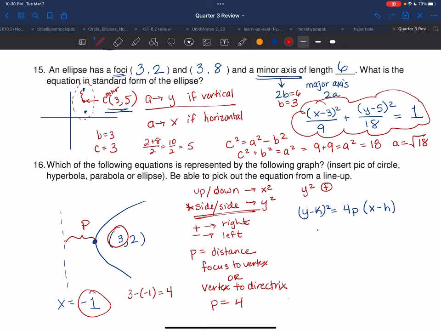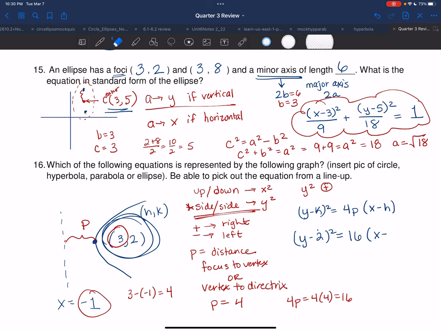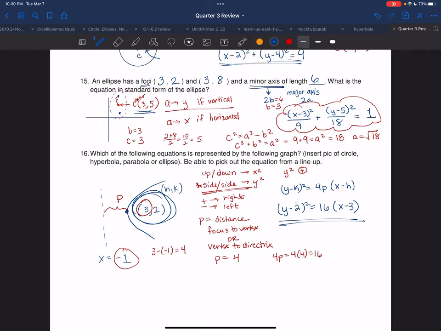So that means that 4p is going to equal 4 times 4, which is 16. So now I can go ahead and write my equation. Here's my vertex, and that goes in for (h, k), right? So now I have (y minus 2) squared equals 16 times (x minus 8). Sorry, not h. (x minus 3). (x minus 3). Okay? So that is my equation for a parabola.